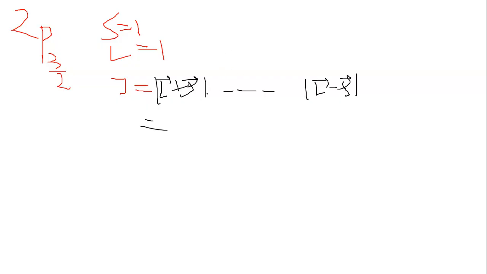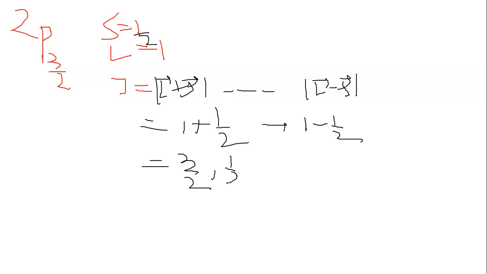The next term will be L plus S minus 1, L plus S minus 2, like that up to mod L minus S. So when S is half and L equals 1, J will be 1 plus half to 1 minus half, which is 3/2 and 1/2. So the terms coming from this combination will be 2p3/2 and 2p1/2.